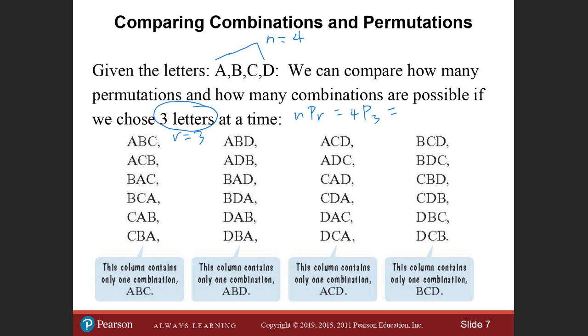So we have to press 4 and then math. Move to the right on the fourth column. You have PRB and choose 2. That's the formula, and press 3 and enter. The answer is 24 ways.